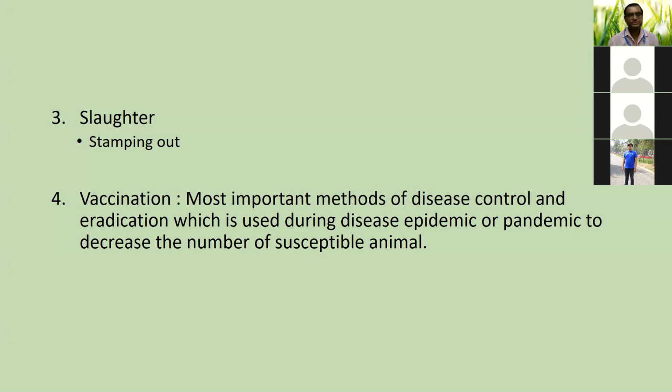Western countries used to adopt this policy in order to remove many diseases from their herds, like brucellosis, FMD, and bovine spongiform encephalopathy. They used to isolate the infected animal and go for its slaughter. That policy is called stamping out.